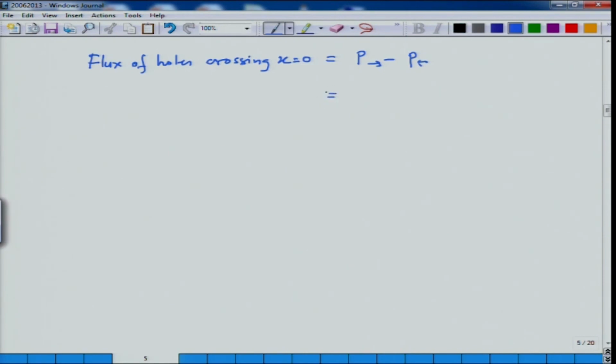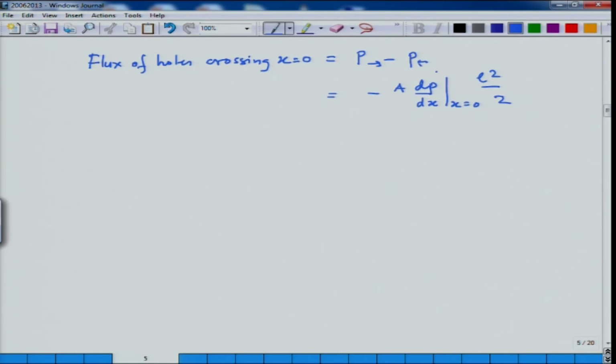This expression comes out to be equal to minus dP dx at x equal to 0 times L square by 2.